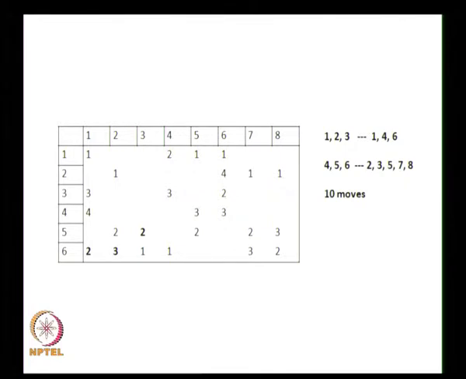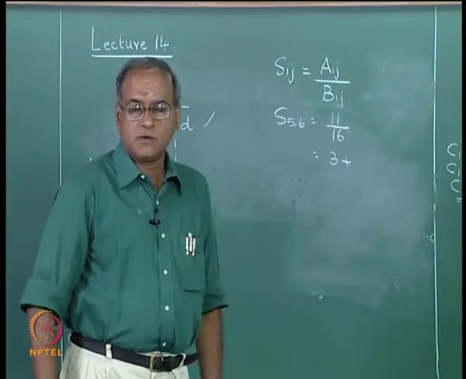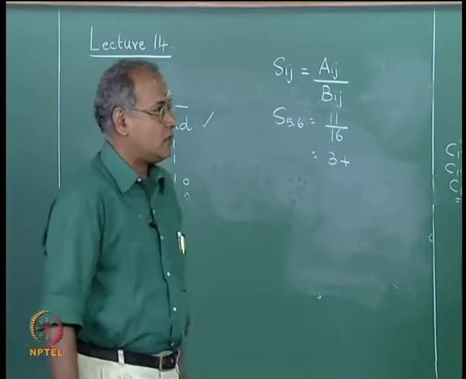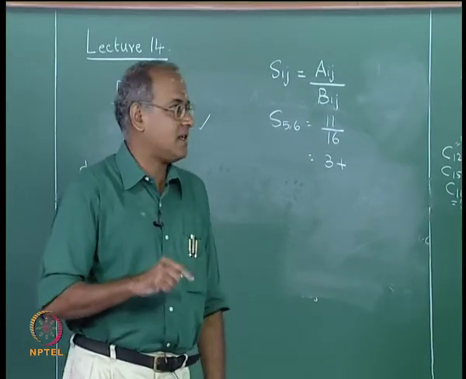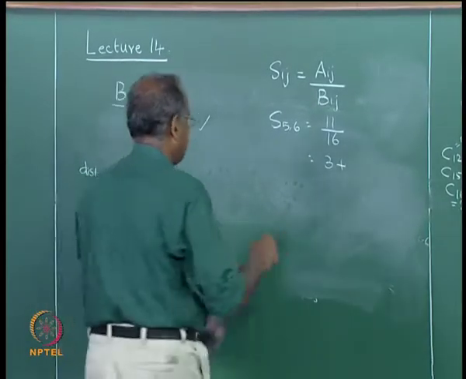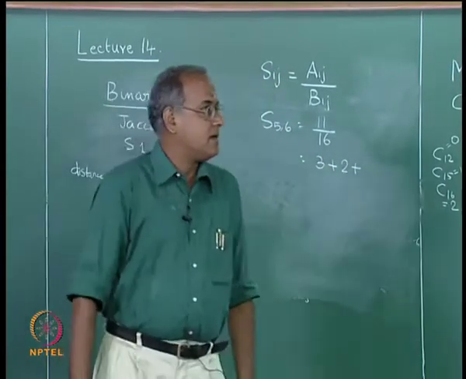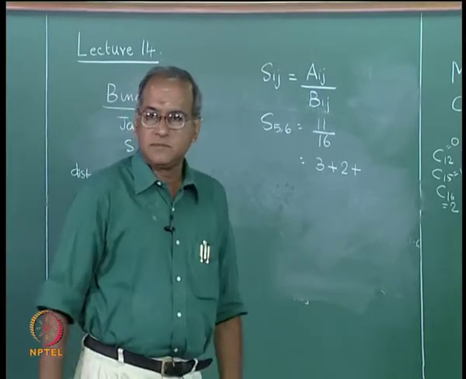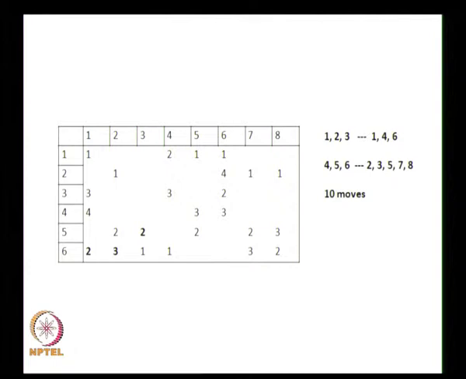Part 3 visits machines 5 and 6, but visits only 5 and 6. So, visits 6 as the first machine and 5 as the last machine. So, it will contribute 2. 7 and 8 visit both of them. 7 visits machine 5 as an intermediate machine and 6 as a last machine.